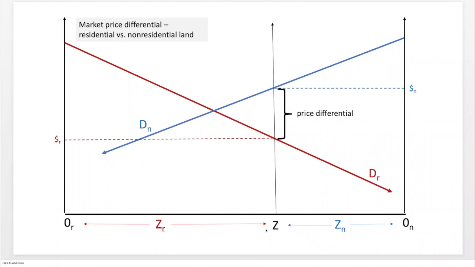So if we have this much residential land, then the price, $R, is the price that will just exhaust the market, clear the market. So there will be no excess supply or demand for residential land at the allocation Z if the market price is $R. And likewise for non-residential land.